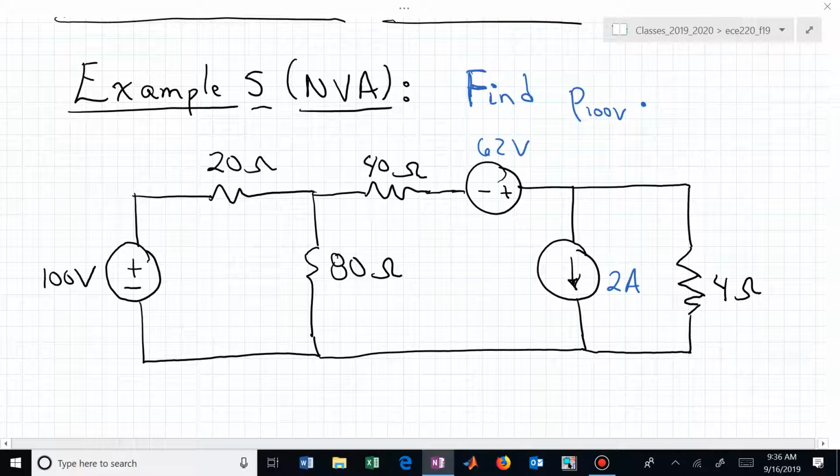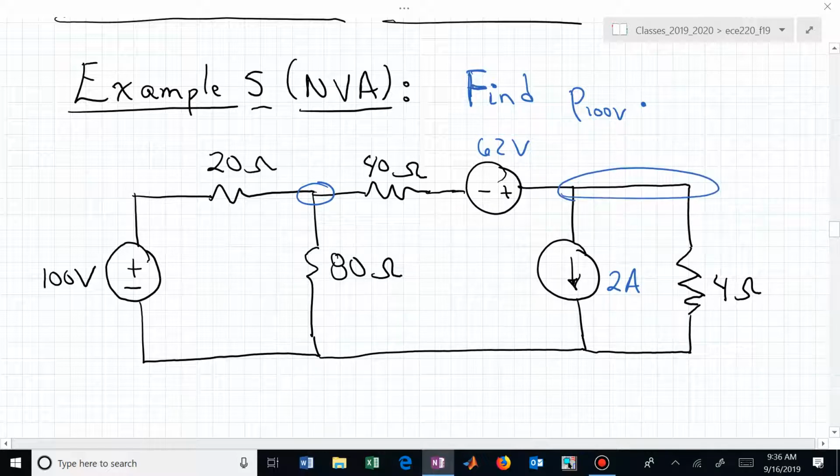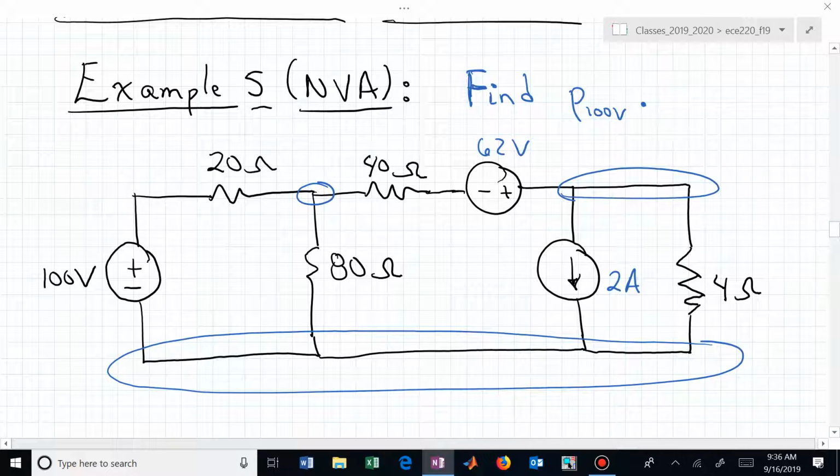First step, find essential nodes. Here's one. Here's one. There's one.